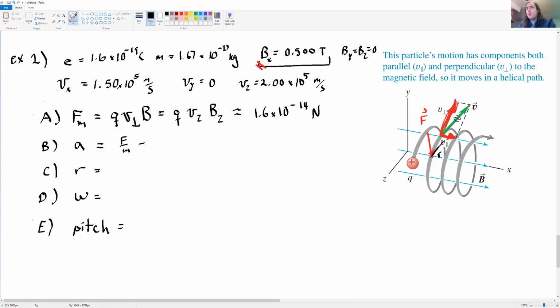It would be F over M. So that would be the 1.6 times 10 to the minus 14 divided by the mass of that charge, which is the mass of a proton, 1.67 times 10 to the minus 27. And what we get there is 9.6 times 10 to the positive 12.